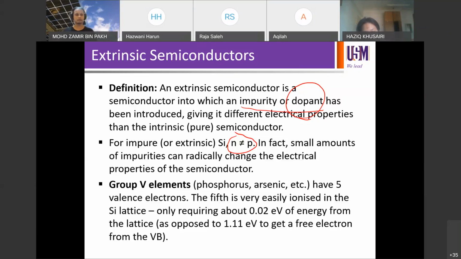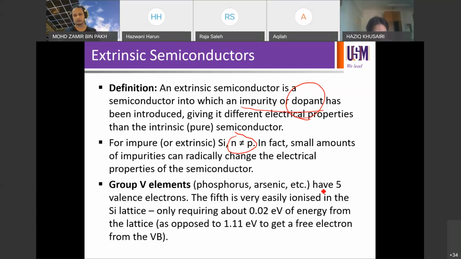In fact, a small amount of impurities can radically change the electrical properties of the semiconductor. It doesn't have to be a lot. It can just be a little amount of impurities that can alter the conductivity. For example, if you recap, group 5, if talking about silicon as your host lattice, if you are incorporating group 5, you are introducing 5 valence electrons.